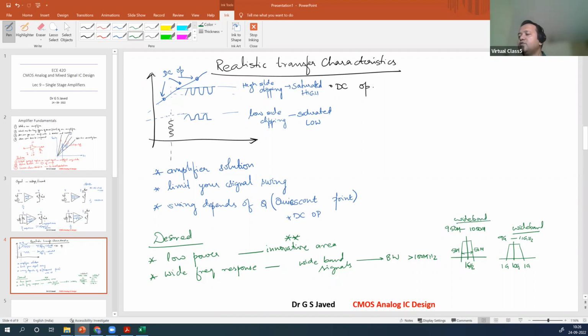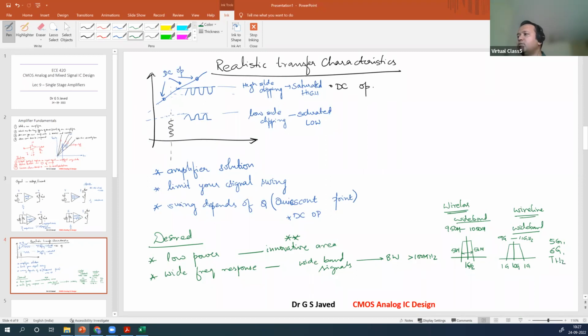You will see this kind of a wideband signal more in wireless operation. You will see this kind of a wideband in wireline operation. Or now in the recent past, you are going to see in your 5G, 6G kind of scenarios where you are going into a wideband. Another one is terahertz range.